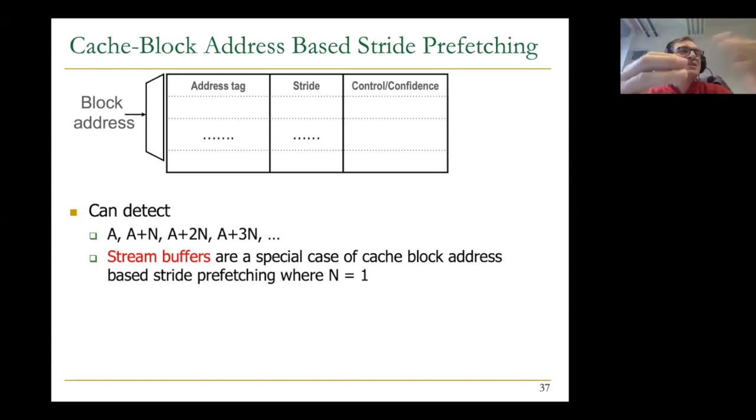If A starts at some address A, B starts at some address B, and they keep increasing, and let's assume that B is ahead of A, far away, but A has a larger stride than B. At some point, these two start generating similar addresses, maybe the same addresses, and that becomes potentially an issue. So these prefetchers usually have ways of detecting duplicate entries in their address tags and removing them, easily or hard ways. That's a side issue you may run into when doing cache block address-based prefetching.